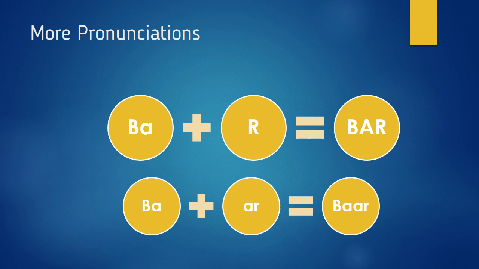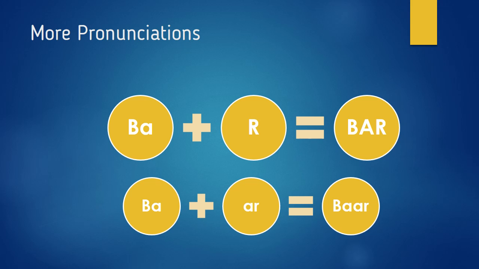So let's try a couple of examples. Two Somali words. One of them is bara, and the other one is baara. Can you try to differentiate those two pronunciations? I'll give you a couple of seconds. The first one is ba and then ra, so it becomes bara.